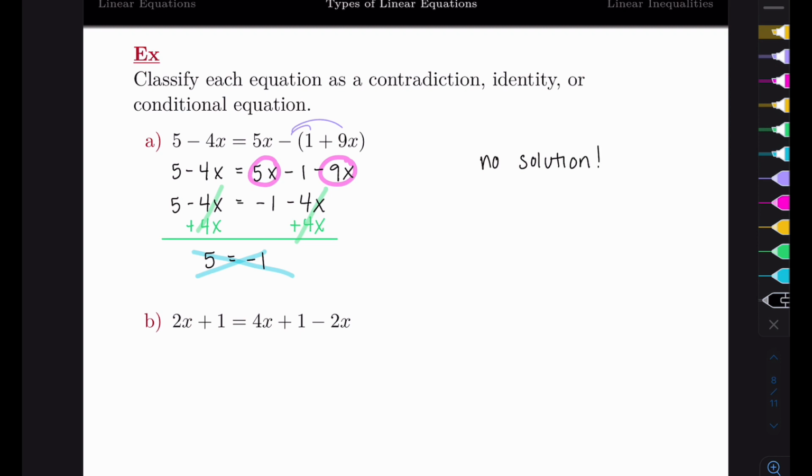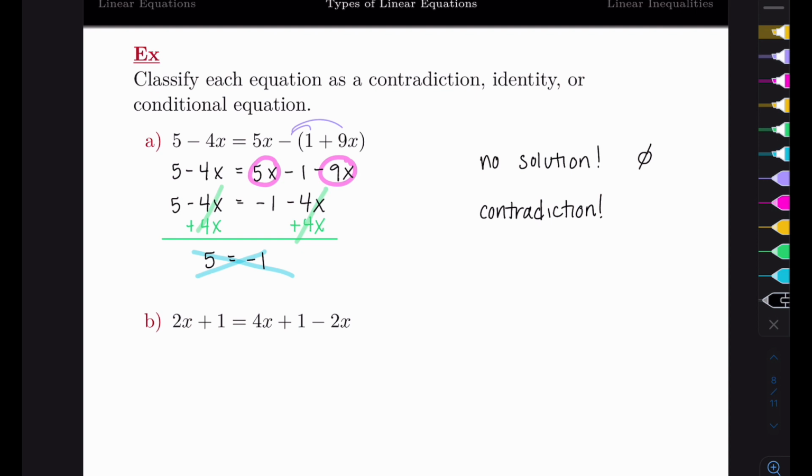So because there is no solution, this is called a contradiction. The other thing that you might see is that if there's no solution, we say it's an empty set. There's nothing that solves it. So that's another way to just represent that.